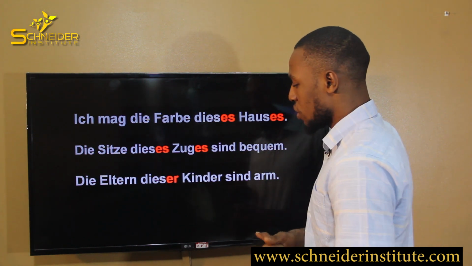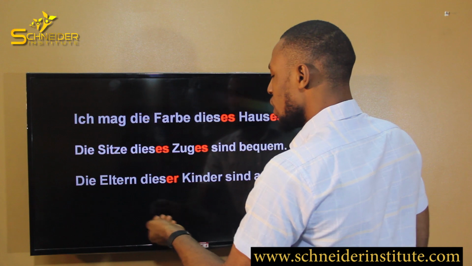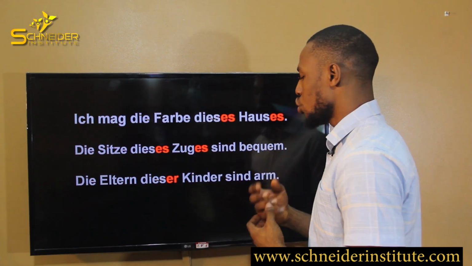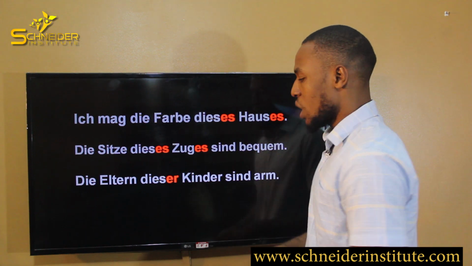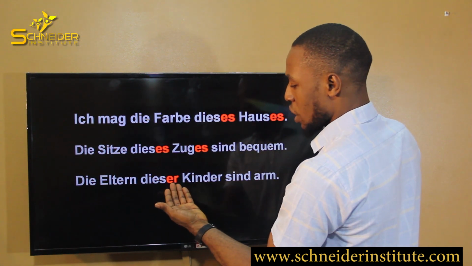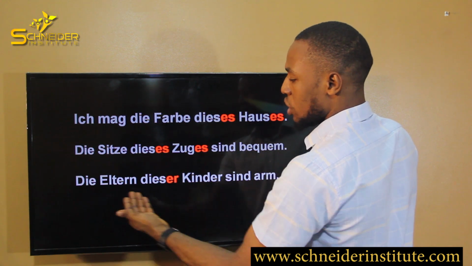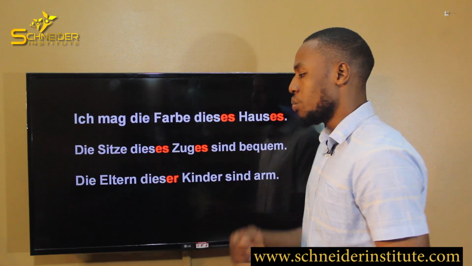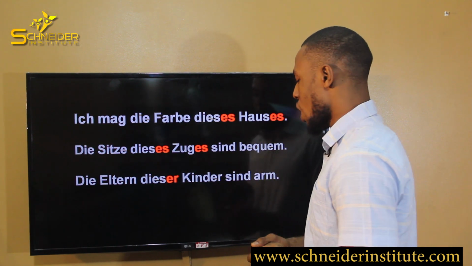And down here we have the plural noun. "Die Eltern dieser Kinder sind arm." The parents of these children are poor. Recall I told you that for the plural case it takes der, as such you have er.